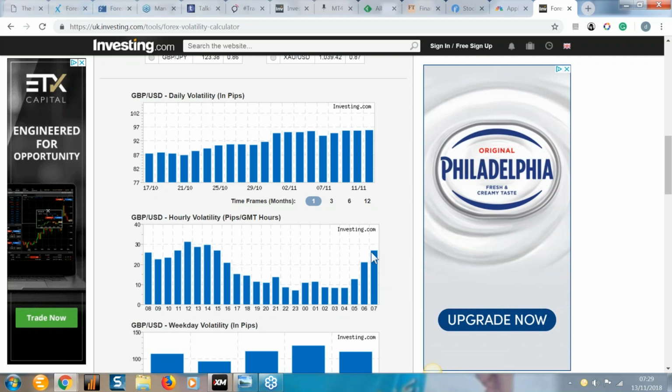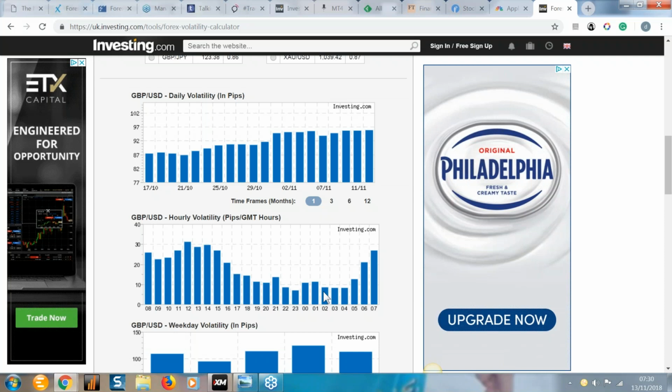So it obviously comes into its own, as we see here, 7 o'clock, 8, 9, then it rises up during the New York session, and then by the time it's 4 o'clock, we've got the London fix, and then it gradually fades away. This is the pattern for the pound dollar.